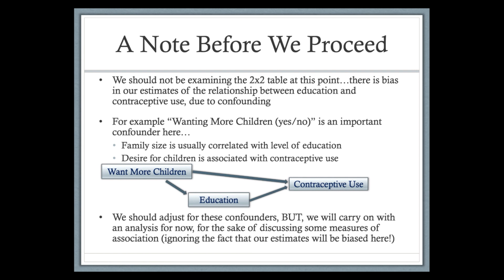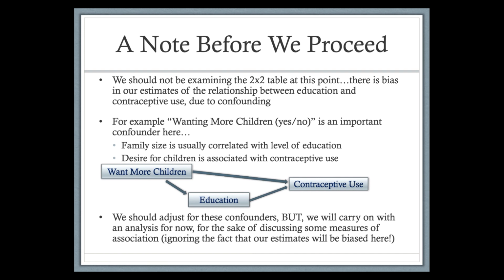Those who have higher level education tend to have fewer kids, and those with lower level education tend to have more kids. You can imagine if you drew in this age category variable and placed it where want more children is, it'd fit the same conceptual diagram. So age category seems to be a confounding variable as well.